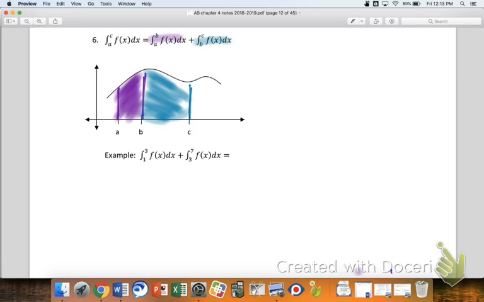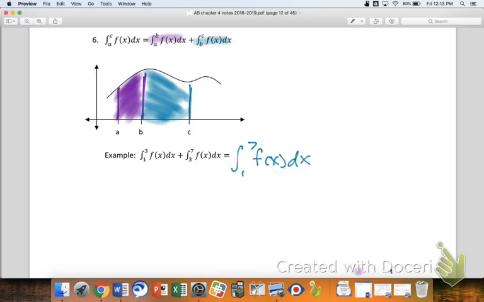See how the 3's match? The 3's would bump up against each other. So how could I rewrite this in a simpler form? 1 to 7. Integral from 1 to 7 of f of x dx. That would be equivalent to taking the two smaller areas and adding them up. You'd end up getting the total area there. If the graph looked like that, you could do it simpler with just the one integral instead of the two, perhaps.